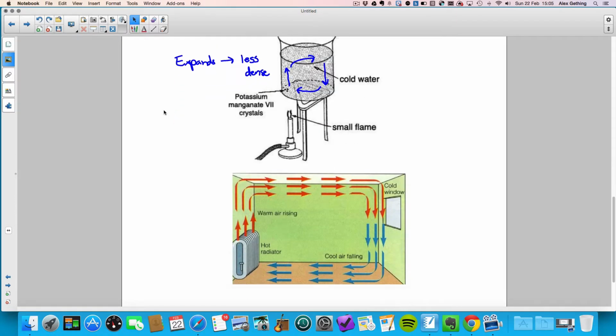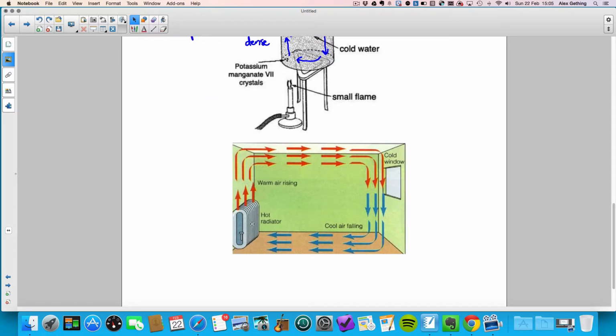So we get the same thing here if we were switching a radiator on inside the house. These particles are getting extra heat energy, kinetic energy, they're moving around more quickly, therefore they're going to expand, they're becoming less dense, so they're going to rise above their colder particles down at this point.